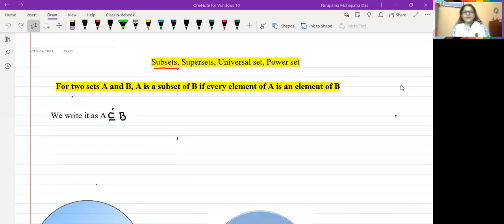Coming to the starting concept, we will start with subsets. So what is a subset?